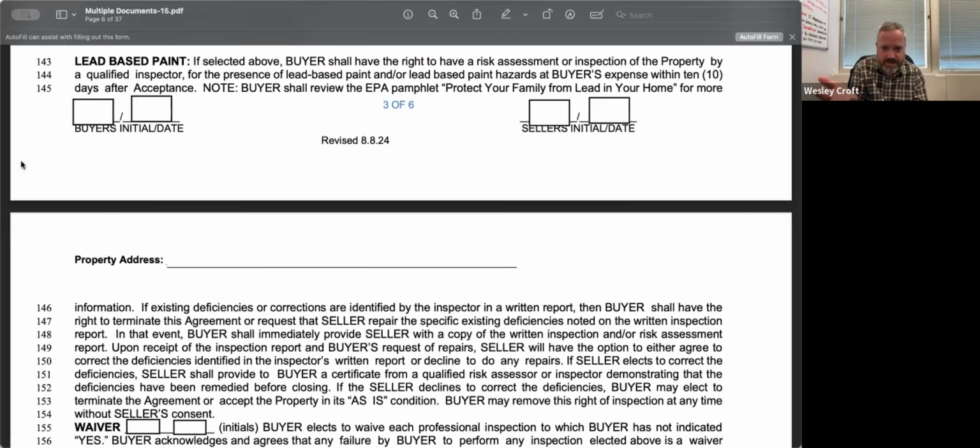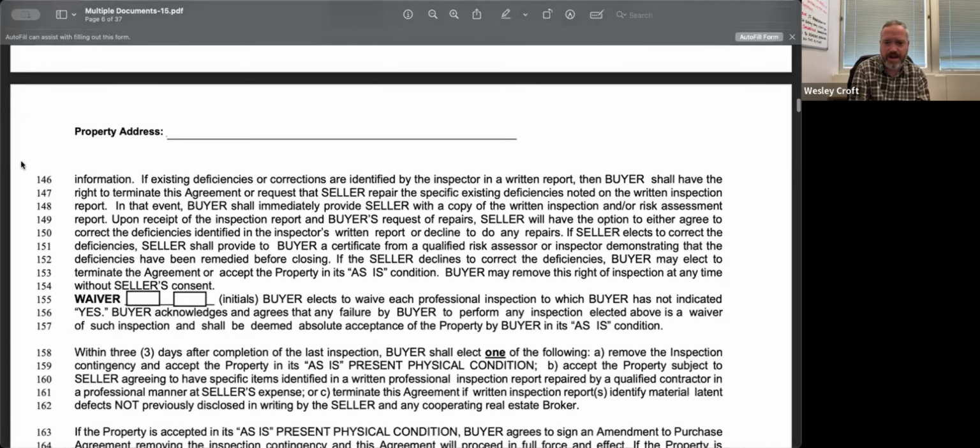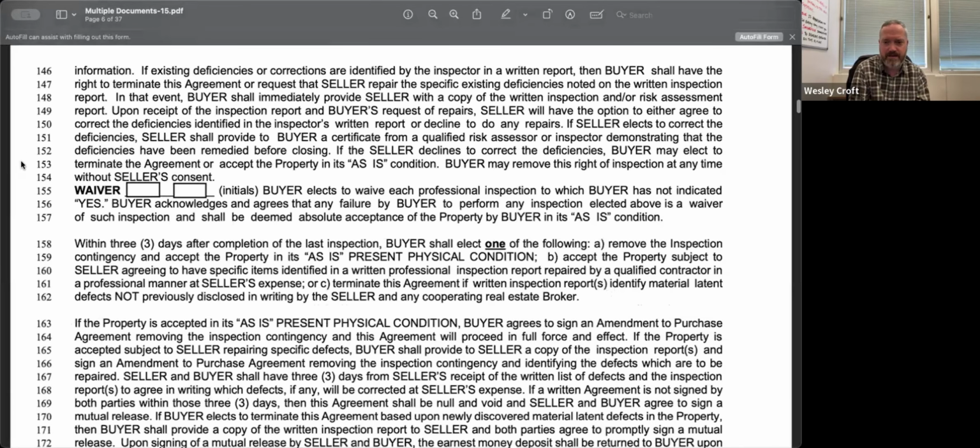If they want to have a risk assessment or inspection, they're more than happy to do it. And the rest of that paragraph outlines what happens if they find lead-based paint in the home. So line 146, if it's found by the inspector, the buyer has the right to terminate, or they can request that the seller repair specific existing deficiencies noted in the report.